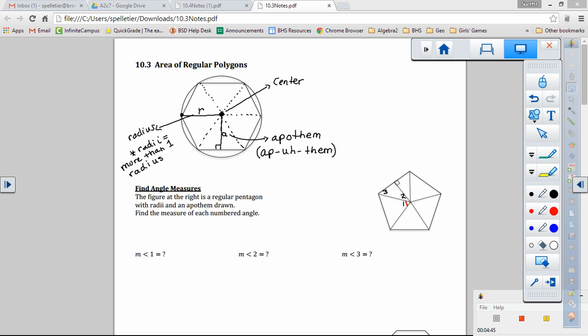We call that a central angle. It's a central angle because it is formed at the center of the circle, and there is the same number of central angles as there are sides. So if we look at this, we have one central angle, 2, 3, 4, and then this is an entire central angle.